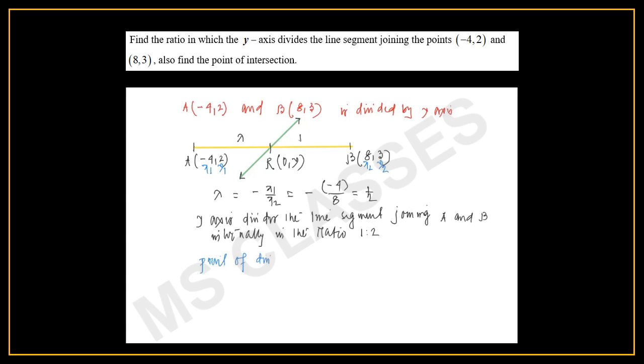The point of division will be 0, comma, x2 into y1, so 8 into y1 minus y2 into x1 by x2 minus x1. So this gives us 0, comma, 16 plus 12, that is 28, 28 by 12. So we get 7 by 3 as the point of division.